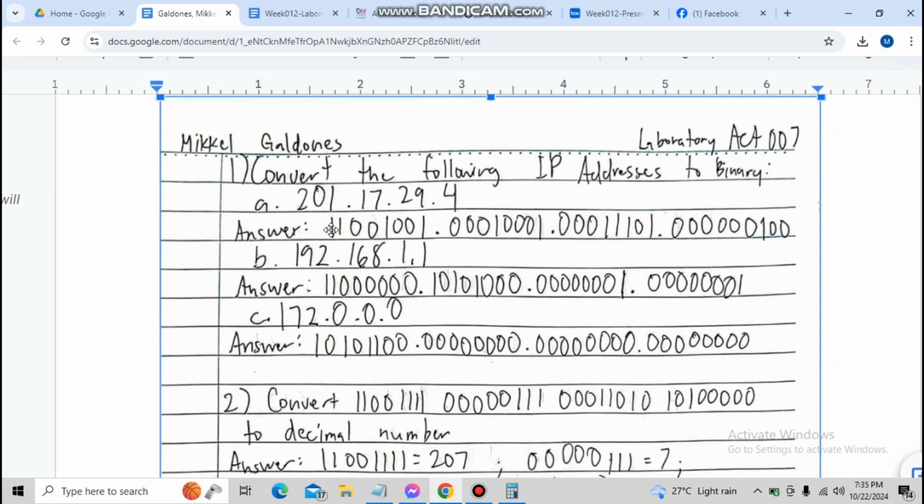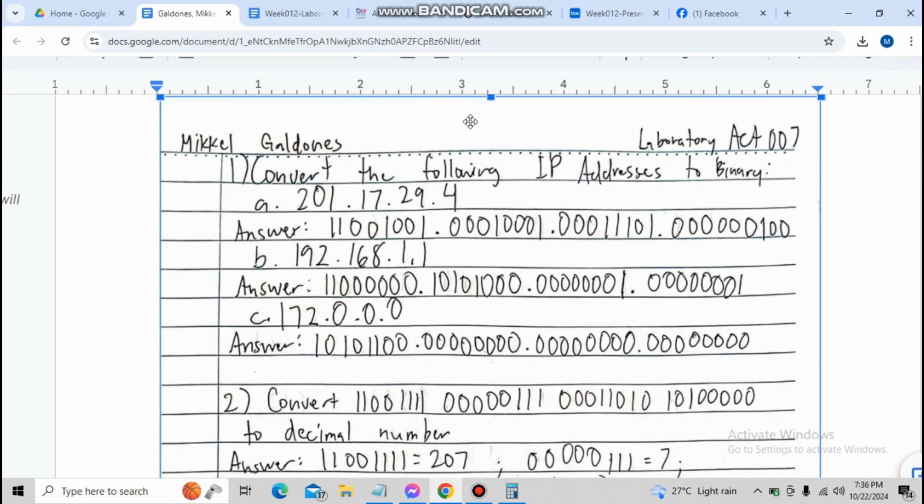So we add all the ones in the binary number. Let's start with the first one, 201.17.29.4. Converting 201 into binary results in 11001001.